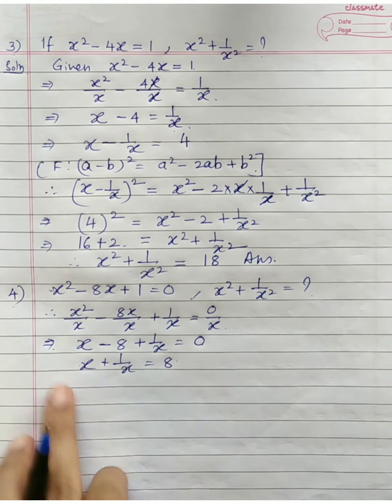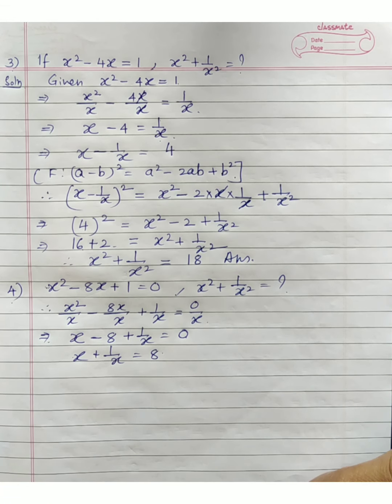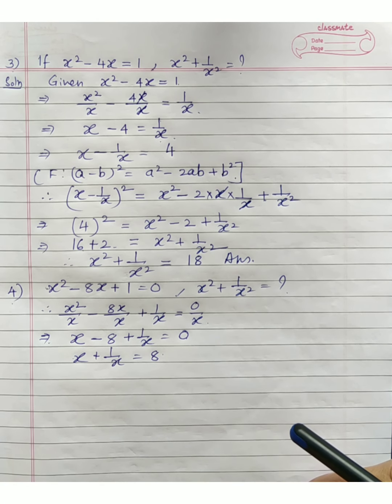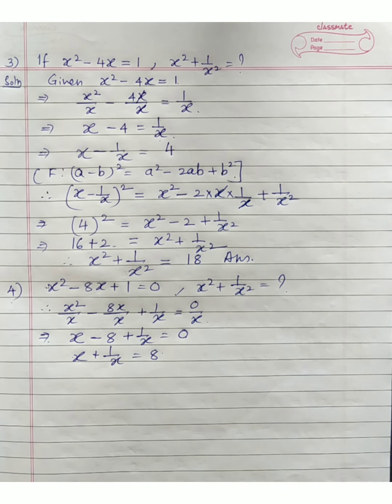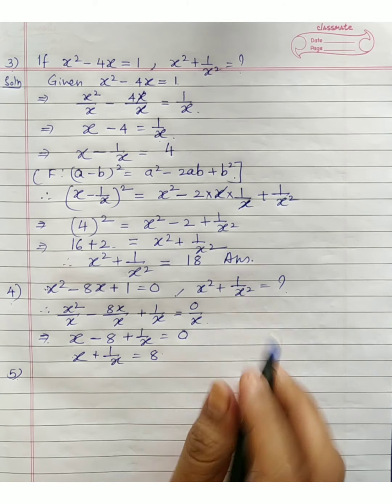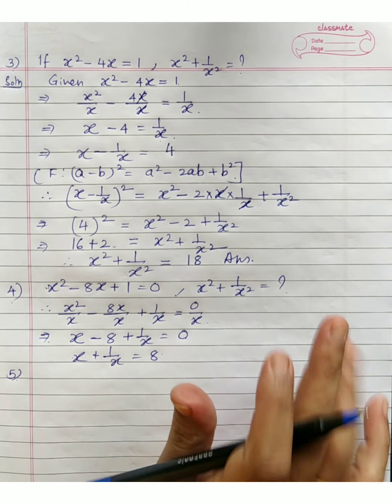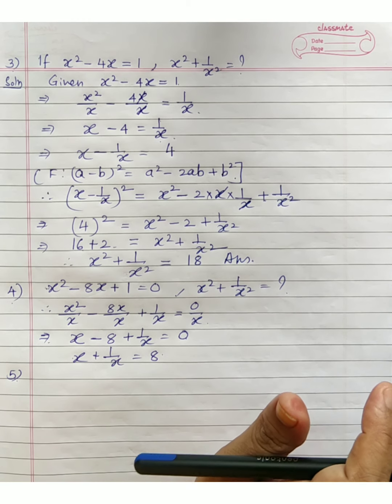And similarly, if you square on both sides, you will be able to find the value of x square plus 1 upon x square over there, right? Easy. So again I repeat, you need to do it yourself in order to understand. Observation is just to make it clear, but unless you do, you do not get it very clearly.